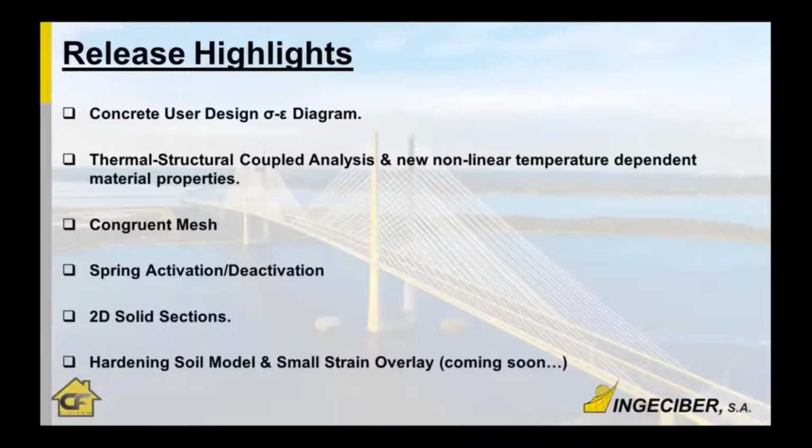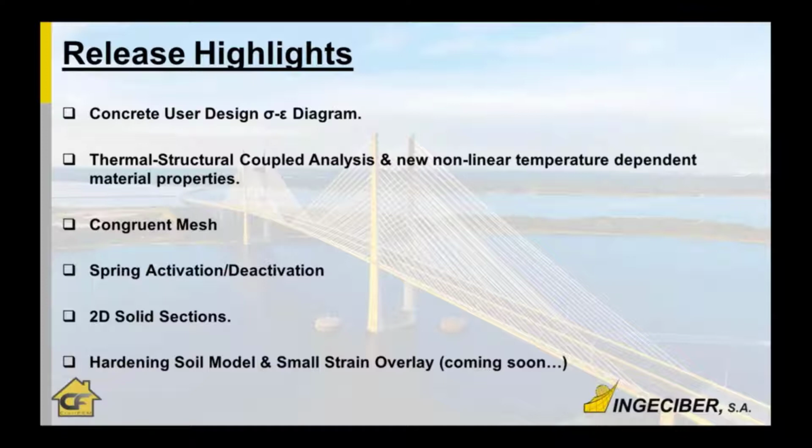Well, the release highlights, you can see in these slides, are the concrete user design sigma-epsilon diagram, the diagram that is used for post-processing design, where the design codes can be edited and modified by the user. We'll see in detail what it could be used for.